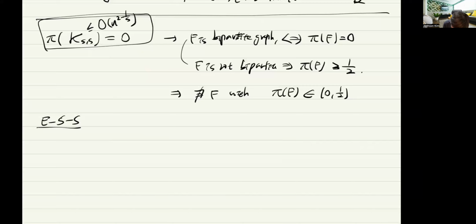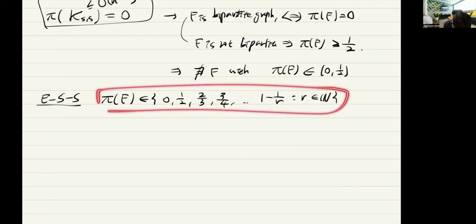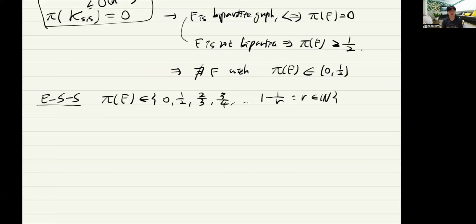But this shows that for any graph, the Turán density is either 0, half, 2/3, 3/4, and so on. So this is the form of it. So this takes values inside of here for graphs.